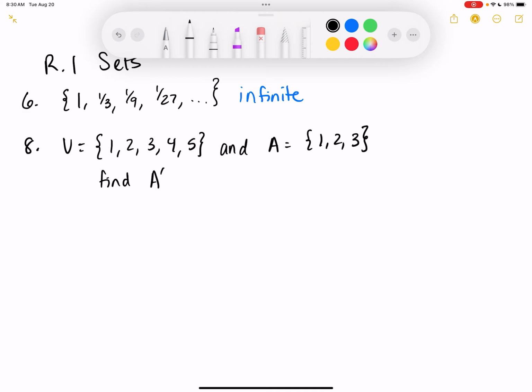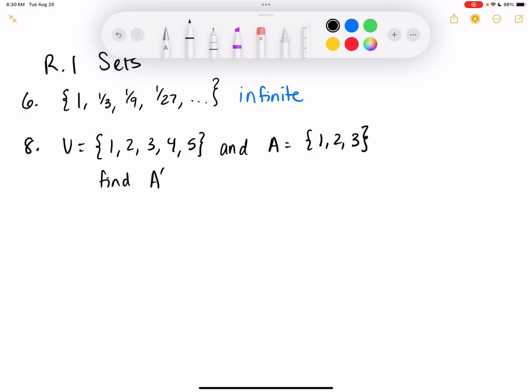So let's review quickly. What does the complement mean from your notes? Yep. So anything that is not in A but is in the universal set.